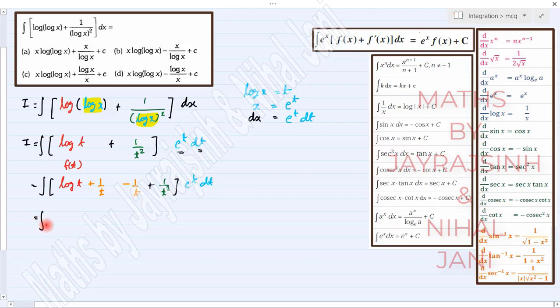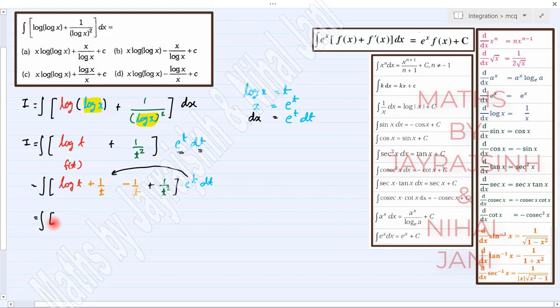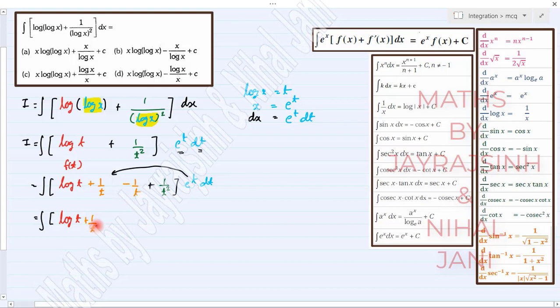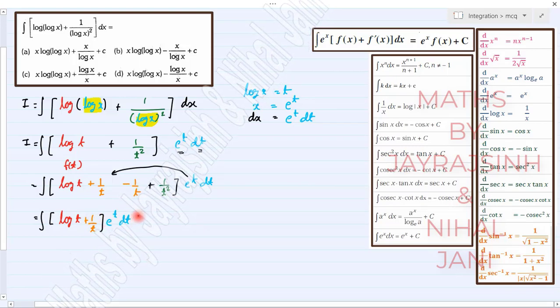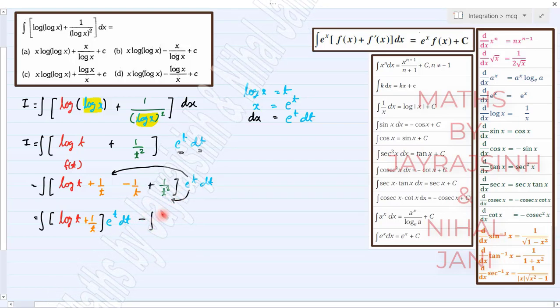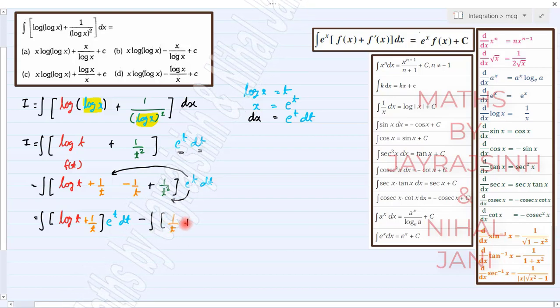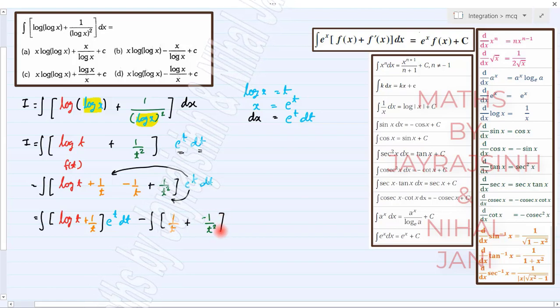Now, let's multiply e raised to t with the first two terms. So here we'll get log t plus 1 by t into e raised to t dot dt. And from the rest of the two terms, if we take minus common, then we will get 1 by t minus 1 upon t square into e raised to t dot dt.